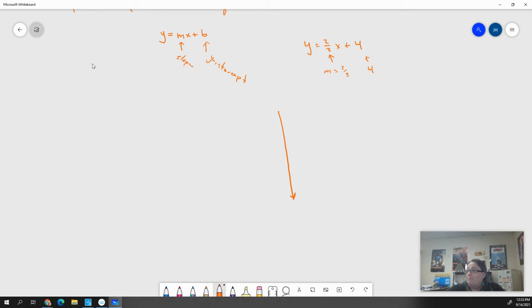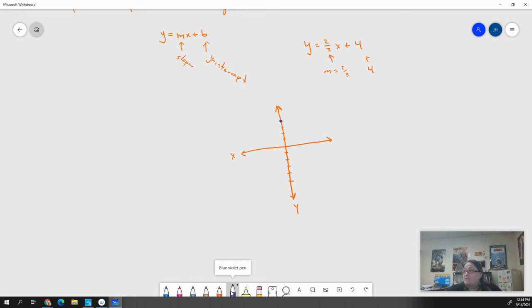I didn't make my points too big here, because I just made them up off the top of my head. I know right away that I have a point on this line on the y-axis at 4, because it's my y-intercept.